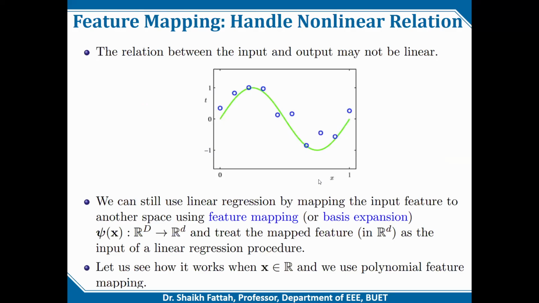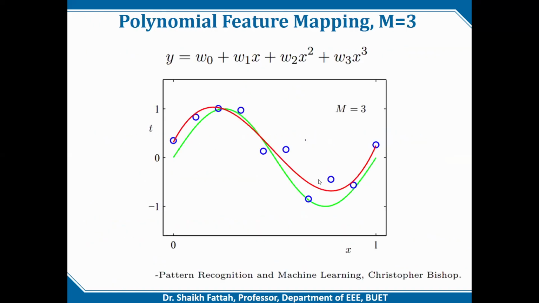So for this nonlinear regression, for example, here you see this pattern, which pattern will be good? The green one is good? No, not necessarily. Some people may say this red one is good. So it depends which one is good. The red one has m equal to 3.